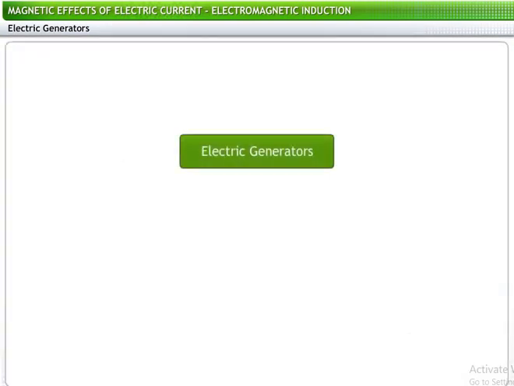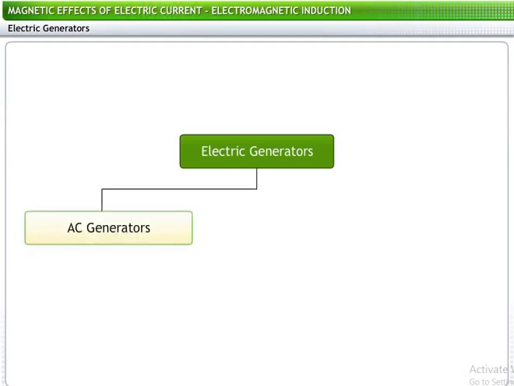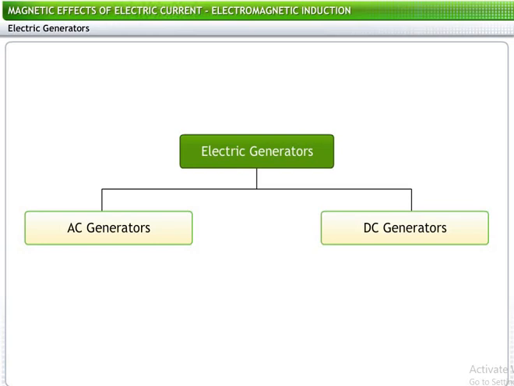There are two types of electric generators: AC generators and DC generators.